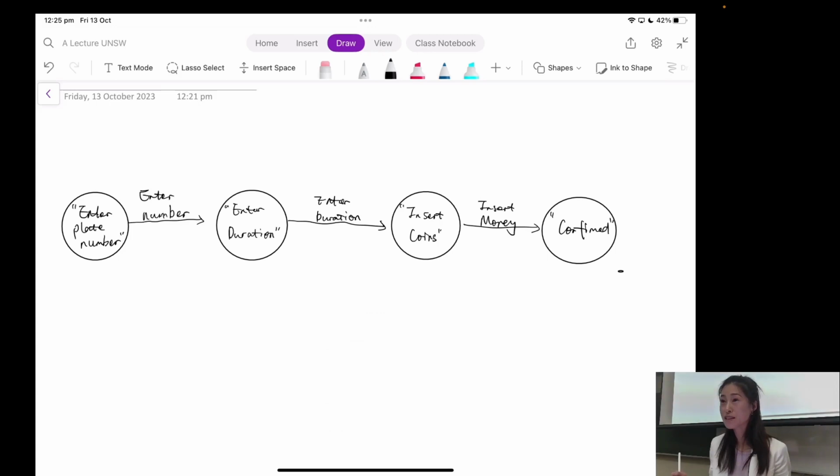Did you mean people left before confirm? Or maybe you can just edit more on my drawing. Do you want to make some edits? I can give that to you.